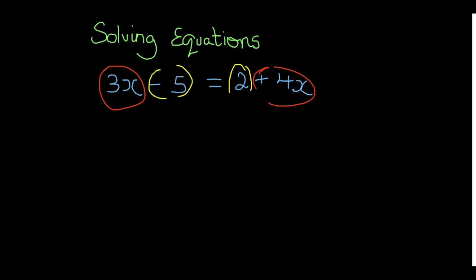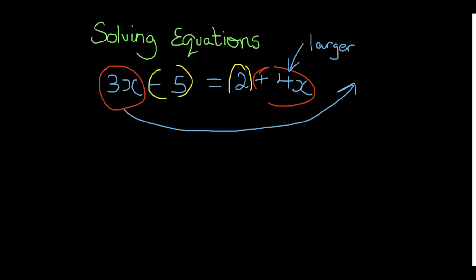Since my like terms, my 3x and my positive 4x, the coefficient of x on this side is larger, right? Because it's 4. Positive 4 is larger than positive 3. I'm going to choose to, quote unquote, bring 3x over on this side instead. So that way I will keep my coefficient of x positive.